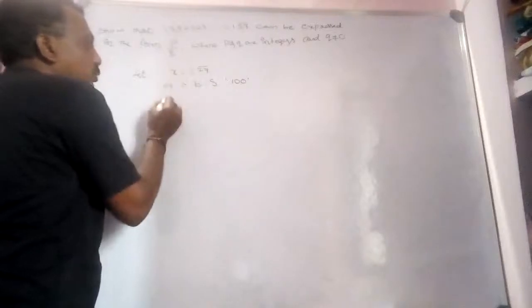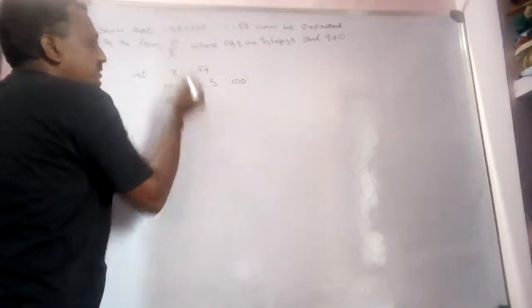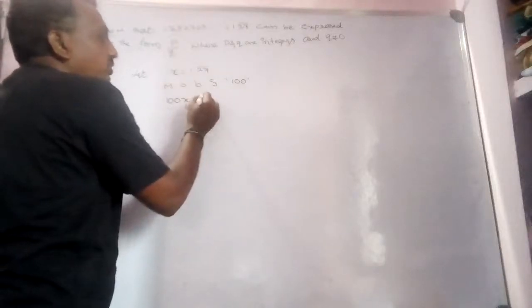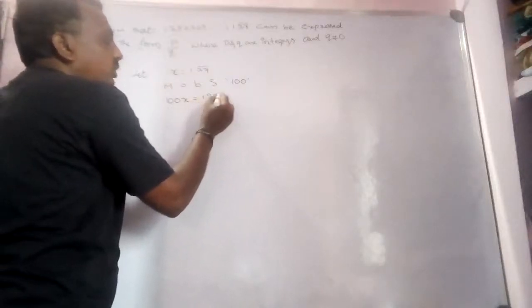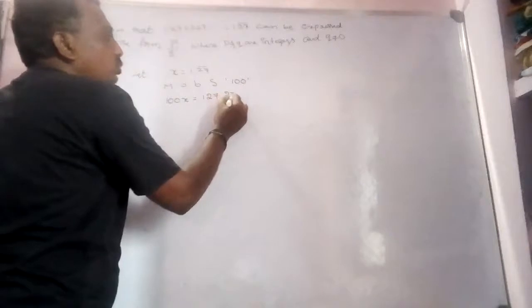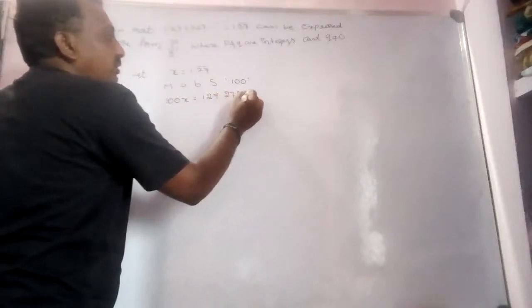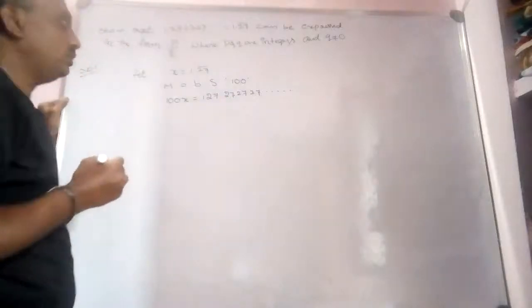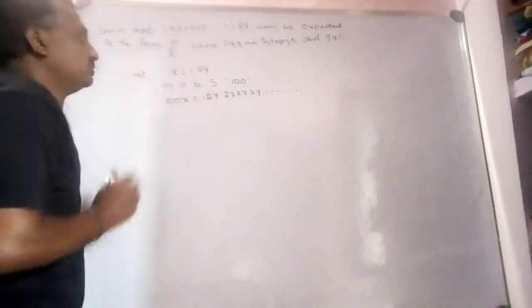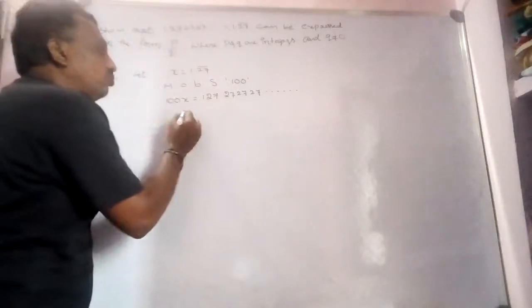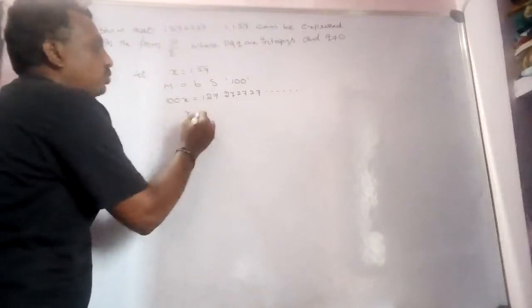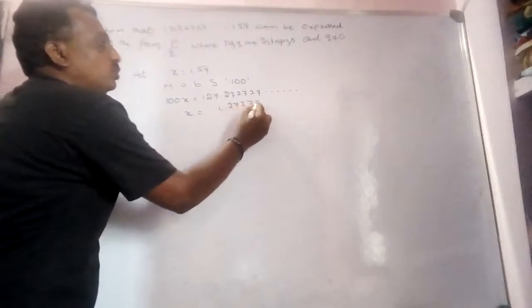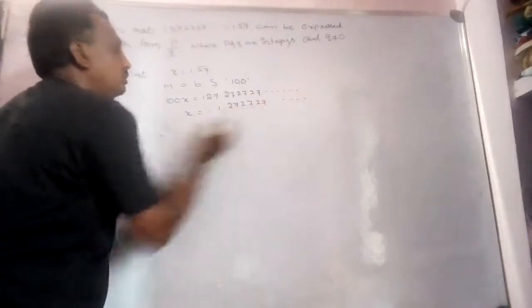So 100x equals 100 into 1.27 bar, which is 127.272727 and so on. Now subtract. What is given is x equals 1.272727 and so on.